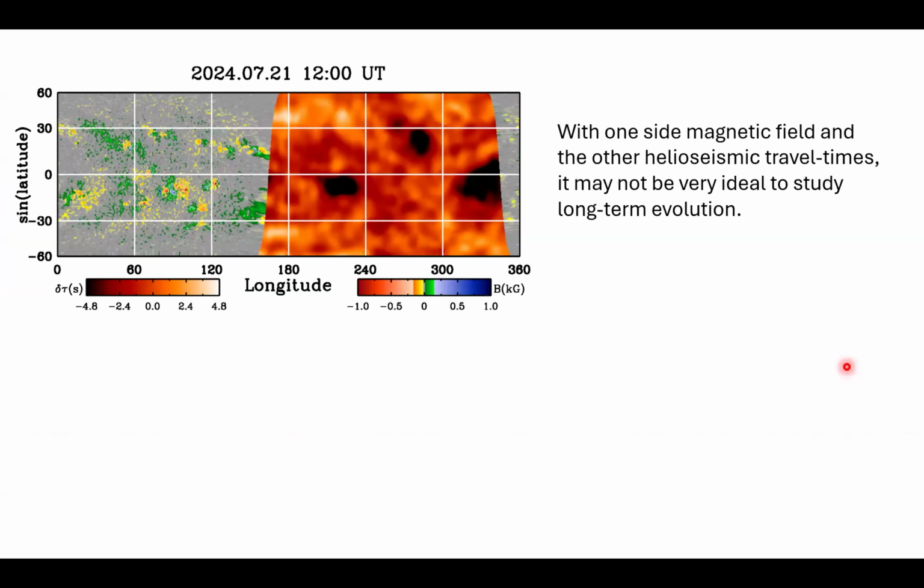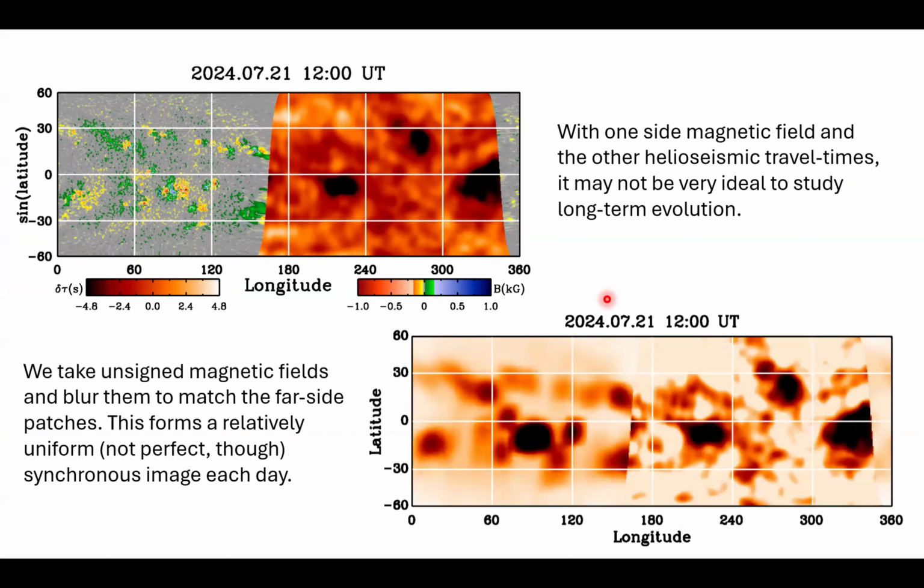However, it's a little inconvenient to work on such maps because part of the map is near side magnetic fields, and the other half is just helioseismic signals of travel times. So it's very tempting to make these maps uniform.